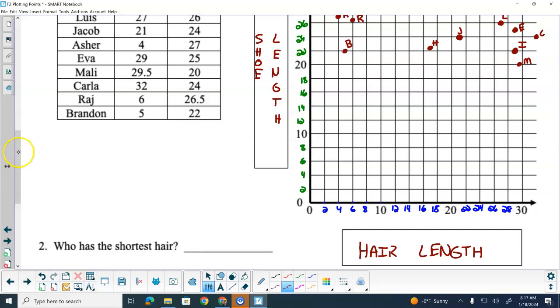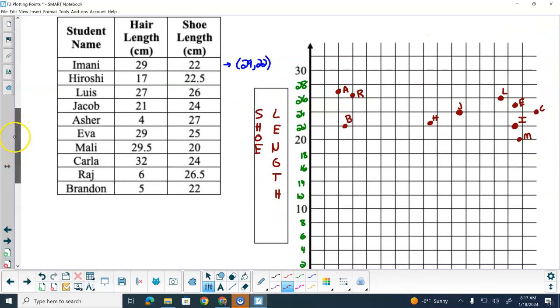Asher? Now there are two different ways that we can go about doing that. Do we all agree that Asher has the shortest hair? Okay. The first way is we can look at our data chart. So I've got you over in that fourth row, the same seat you sat in yesterday, Asher.